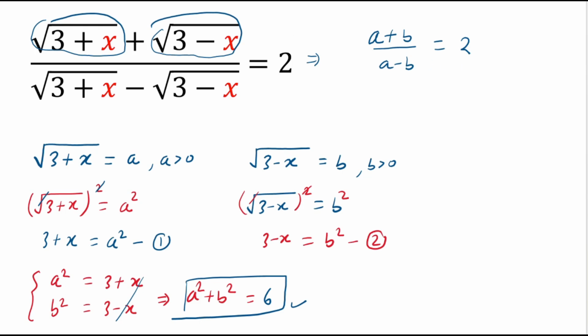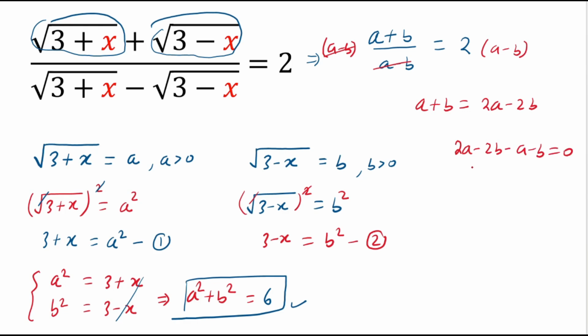Now if we multiply both sides by (a − b), then the (a − b) in the denominator cancels out, and in the numerator we have a + b equals 2 times the bracket, that is 2a − 2b. Now if we take all the expressions to the same side, then 2a − 2b − a − b = 0.